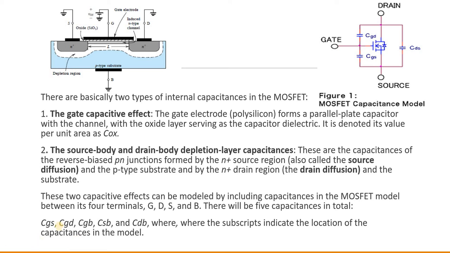These three capacitances, CGS, CGB and CGD, are because of the gate capacitance effect, and CSB and CDB are because of the source-body and drain-body depletion layer capacitance. This is because of the source diffusion, and this is because of the drain diffusion.